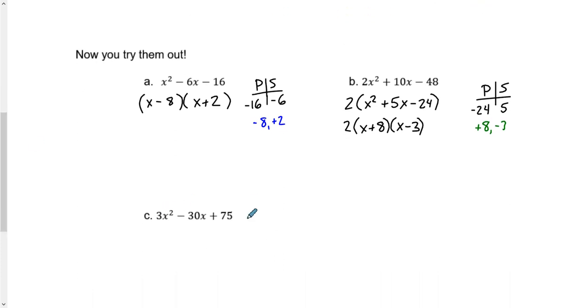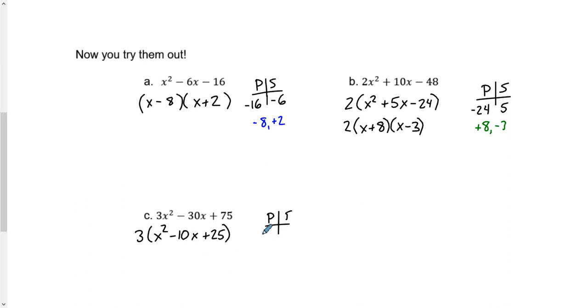Instead of us going all the way to +225, let's make our lives easier with factoring out that 3. 3x squared, subtract 10x, add 25. So product of the 1 times 25. That 3 is way out in front.